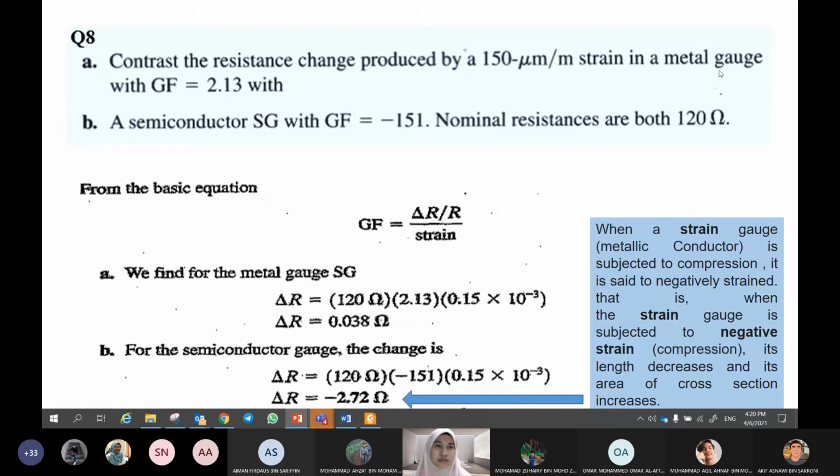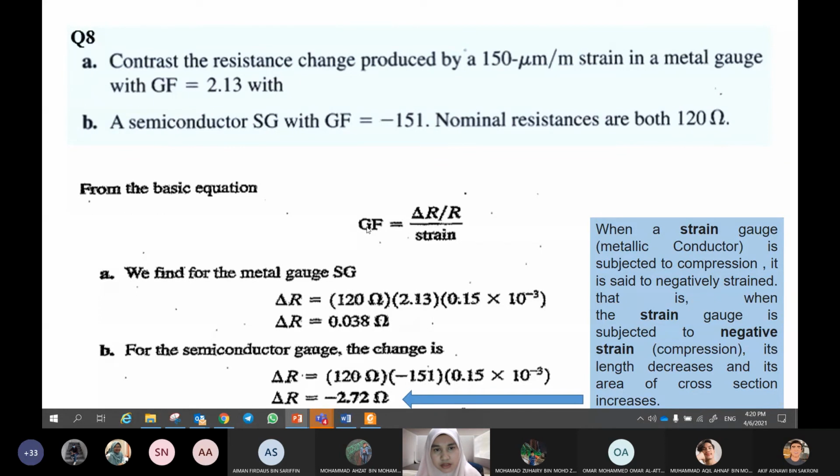The first one is for the metal gauge with 2.13. The second one is for the semiconductor strain gauge with GF equal to -151, and the resistance for both materials is 120 ohm. So this is the basic equation.